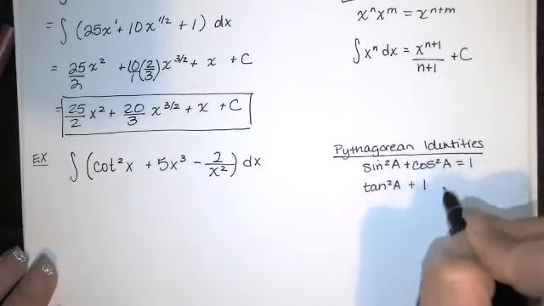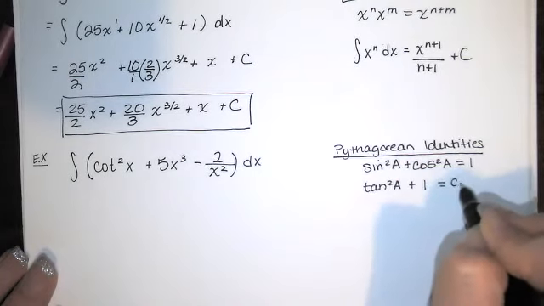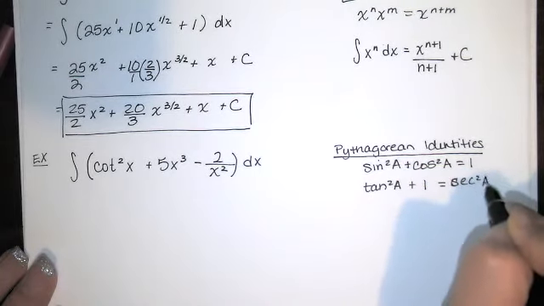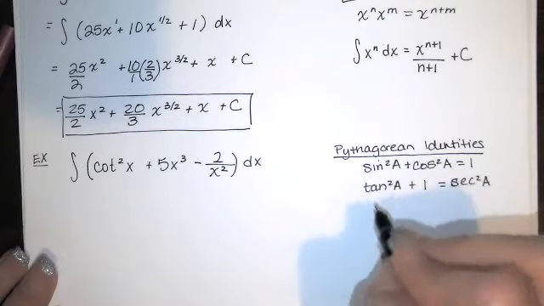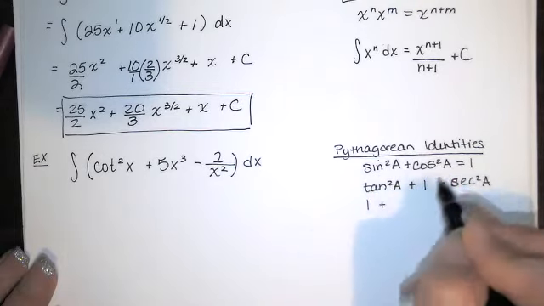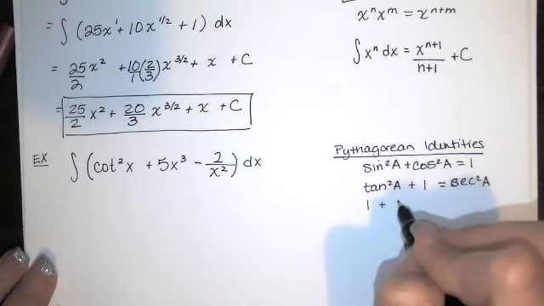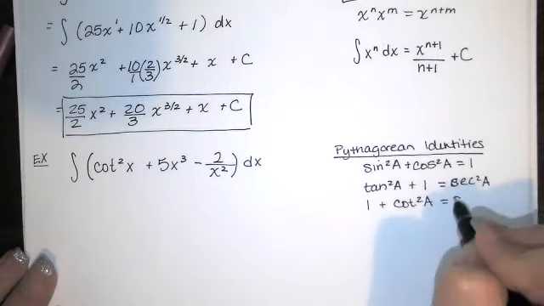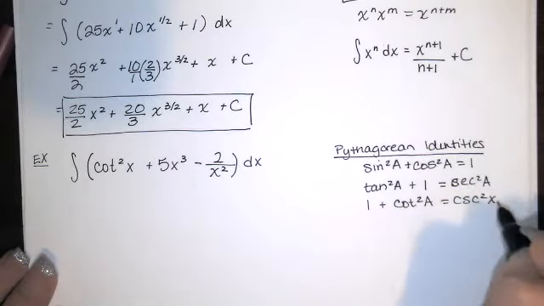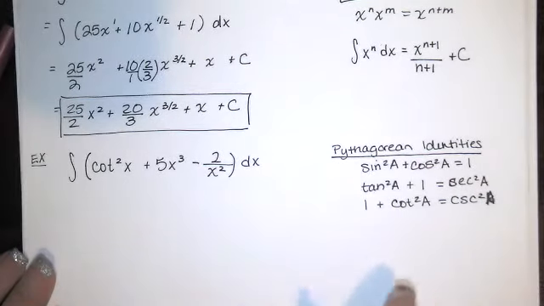Cosine squared over cosine squared is 1, and 1 over cosine squared is secant squared. And if I take this and I divide by sine squared, I get sine squared over sine squared is 1. Cosine squared over sine squared is cotangent squared. And 1 over sine squared is cosecant squared. Oops, of the angle. The angles have to be the same, using A for angle.